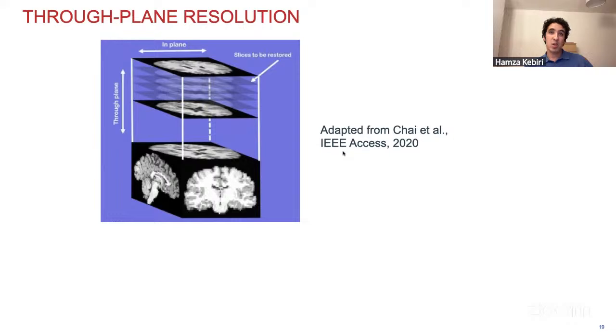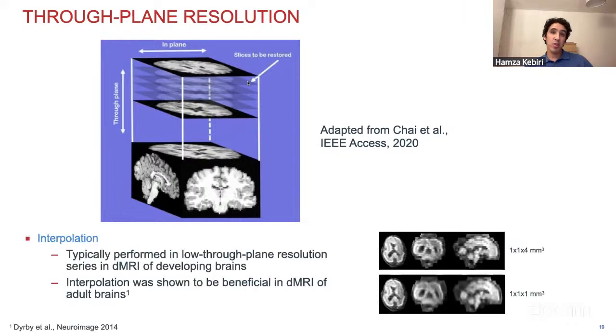In developing brains this through-plane resolution is usually very low, with thick slices of 4 or 5 millimeters, for instance, for fetuses. It has been shown in adults that interpolation improves the different downstream tasks that you extract from the diffusion metrics.